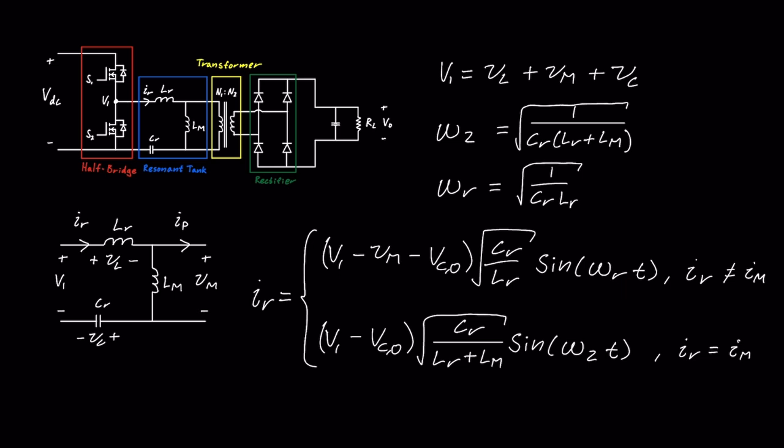So if you just increase omega r, you will get the correct waveform. I tried to simulate in Plex and compare it to this function, and it got quite similar if you just corrected the omega r and also scaled the amplitude of the current.